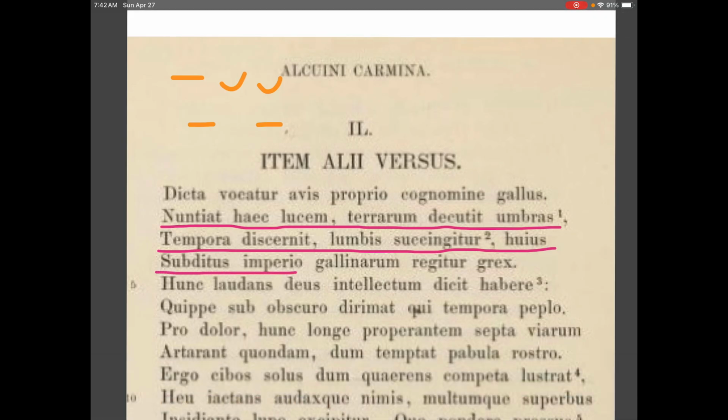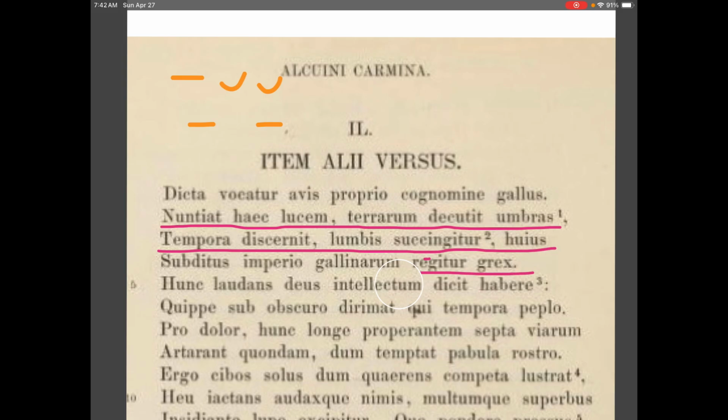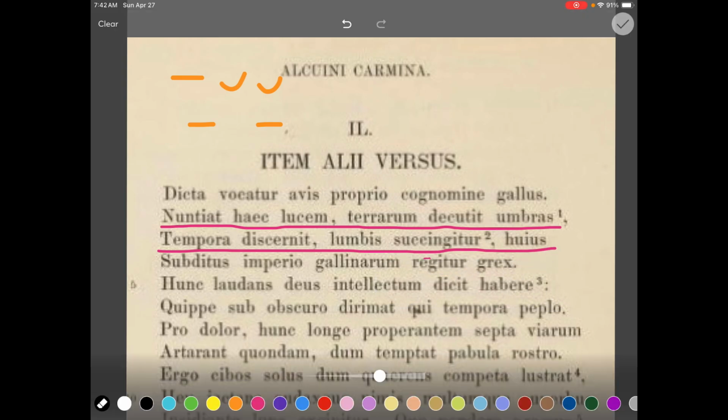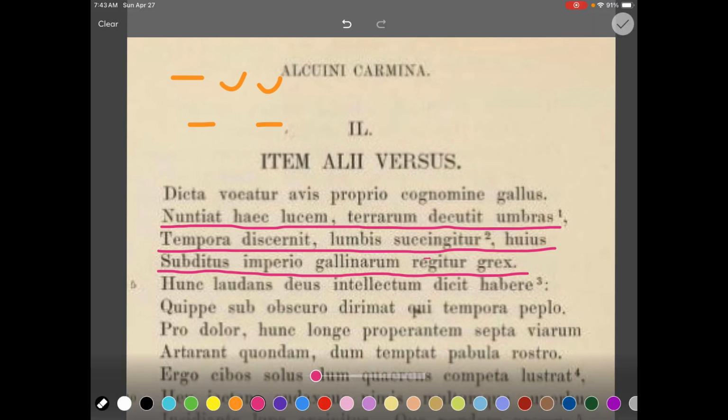Subditus imperio Gallinarum regitur grex. I think the E here is long, but I'm not sure how to scan it. Subditus imperio Gallinarum regitur grex. Not sure of the scansion of that line.